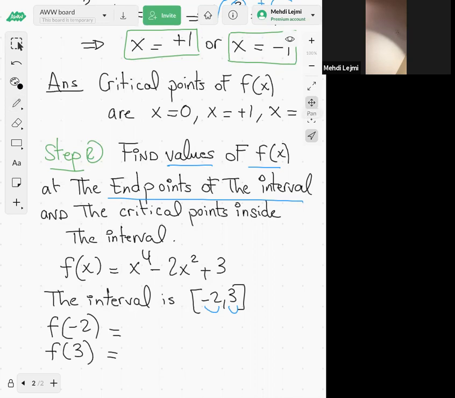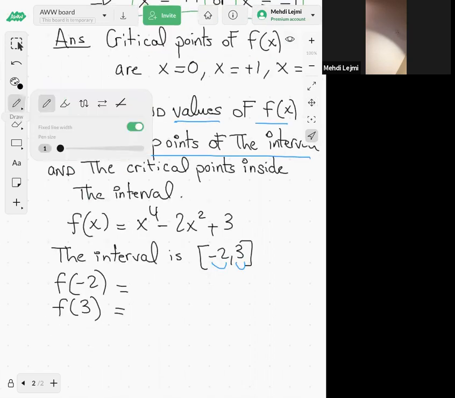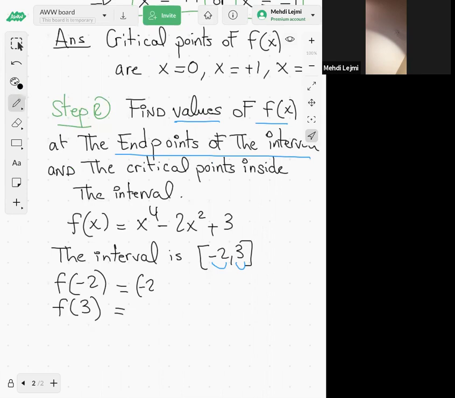Okay. So f of -2 would be -2 to the fourth minus 2 times -2 squared plus 3. So -2 to the fourth, that's 16. 16 minus 8 is positive 8, plus 3, that would be 11. Now, what about f of 3? So that's 3 to the fourth minus 2 times 3 squared plus 3.